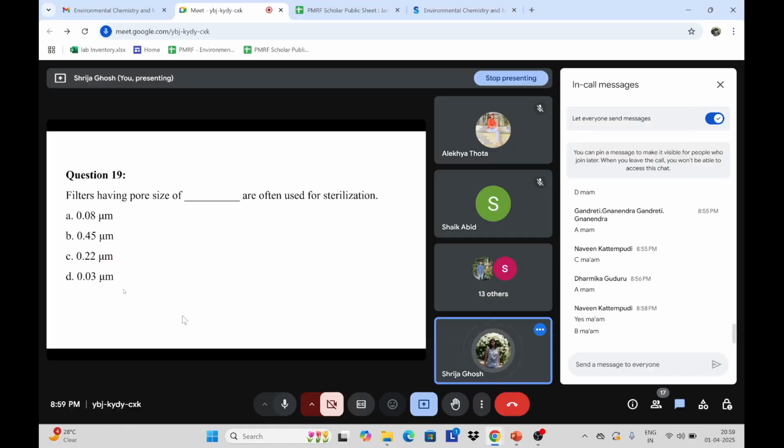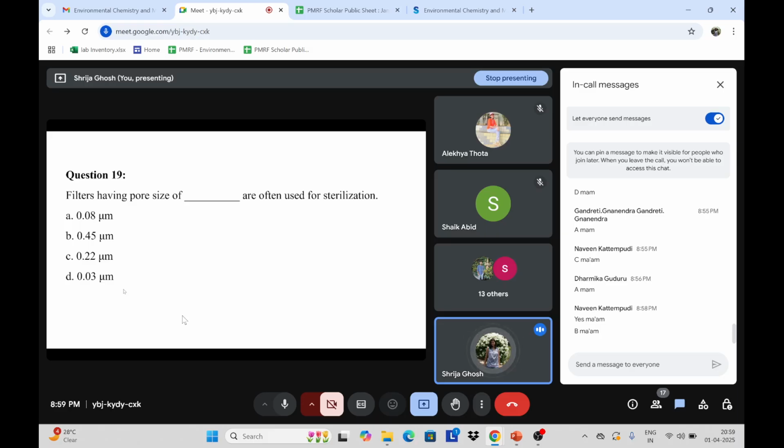Okay. Filters having a pore size of dash are often used for sterilization. Option A, 0.08 microns. Option B, 0.45 microns. Option C, 0.22 microns.